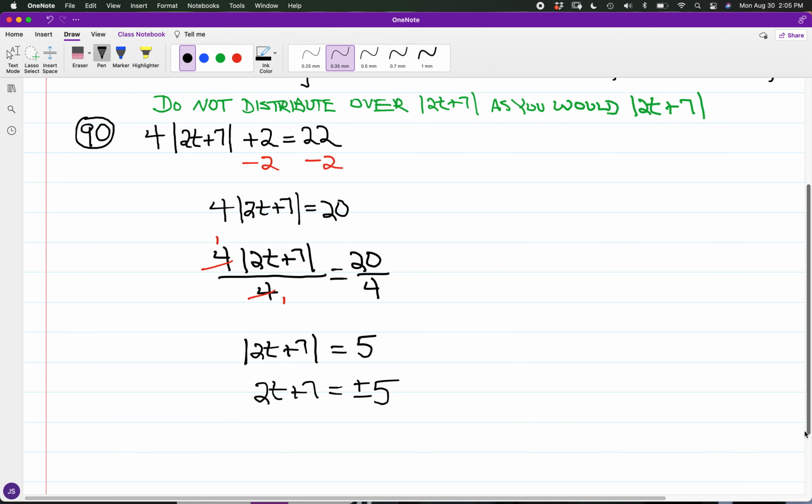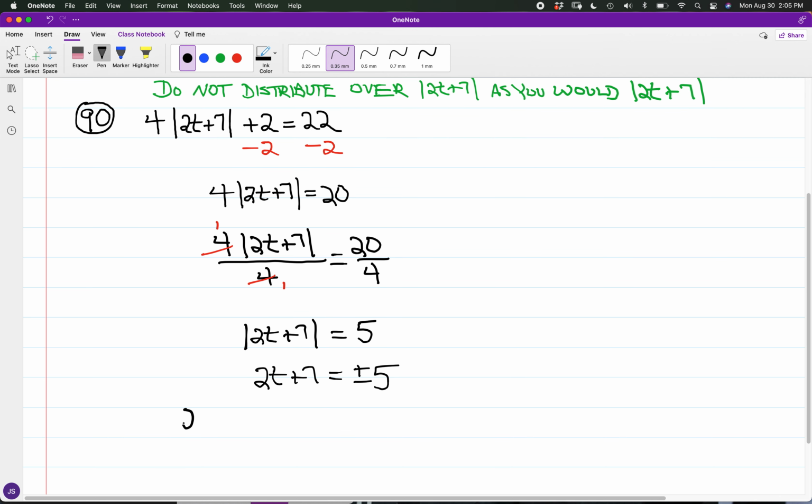So we're going to have a couple of distinct outcomes for t. At the lower end, 2t plus 7 is equal to negative 5, and at the upper end, 2t plus 7 is equal to 5.